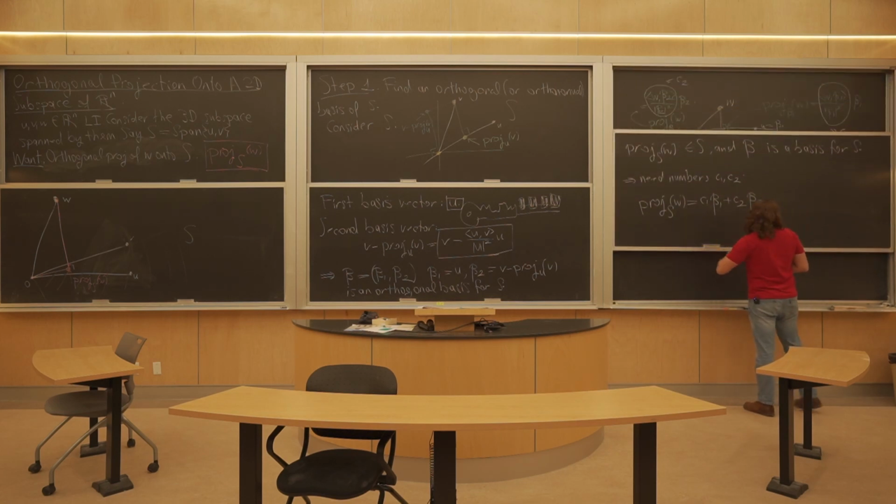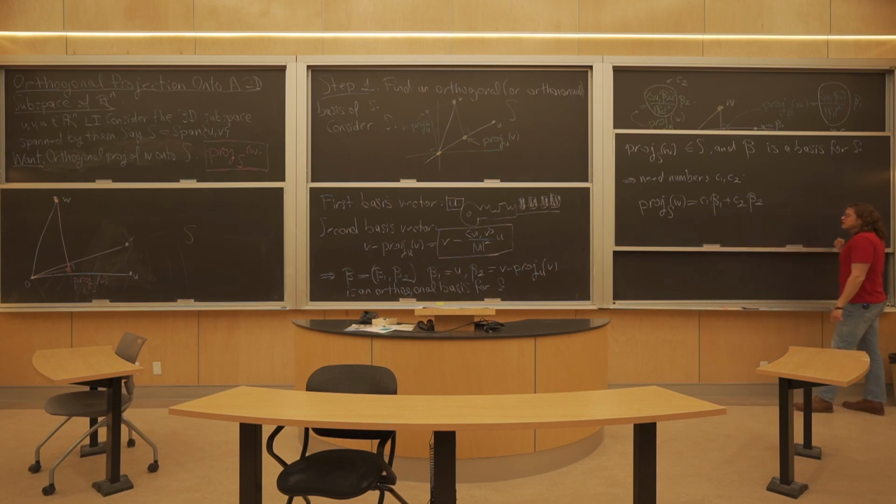So the formula for the orthogonal projection of W onto S really is this.